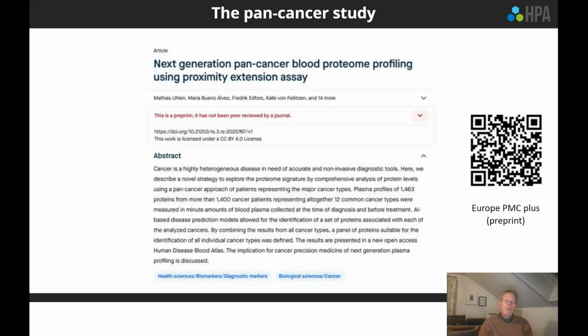But of course, we would like this to be translated into the clinic. But as you say, there's a long way to go. You have to validate. Probably we would like other researchers to join in and actually do different diseases maybe in a more targeted way.